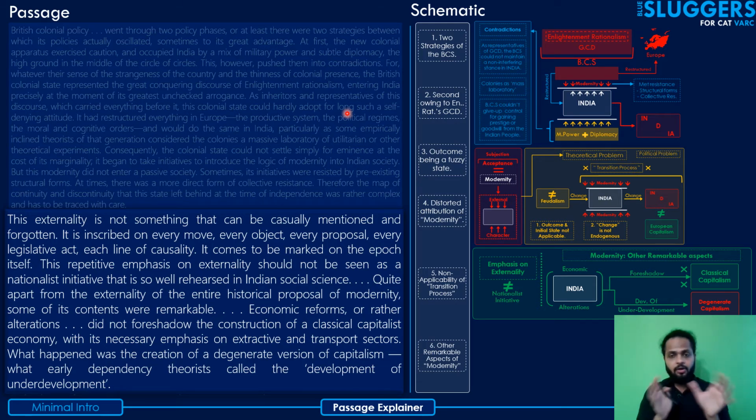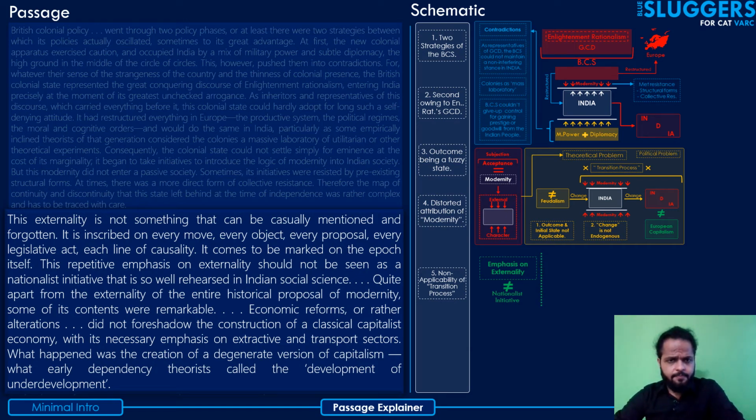Okay, so I'm just making an observation about the externality of the nature of the application of the logic of modernity. It has nothing to do with any kind of nationalistic initiative, which he also observes is so common in the Indian social sciences. Yes, so this is not the case. It might be common there, but this is not the case. Okay, coming to the next part.